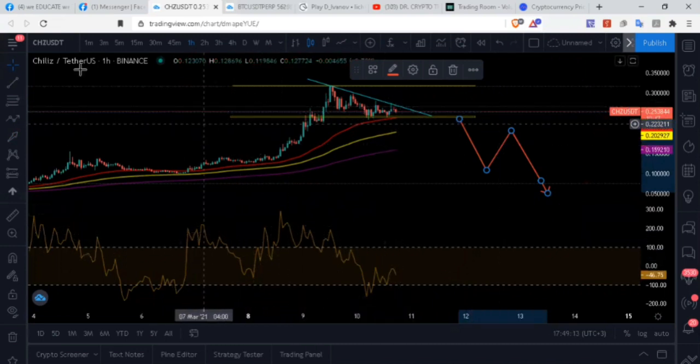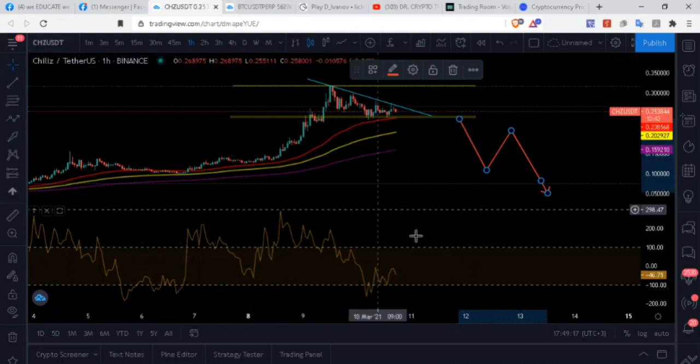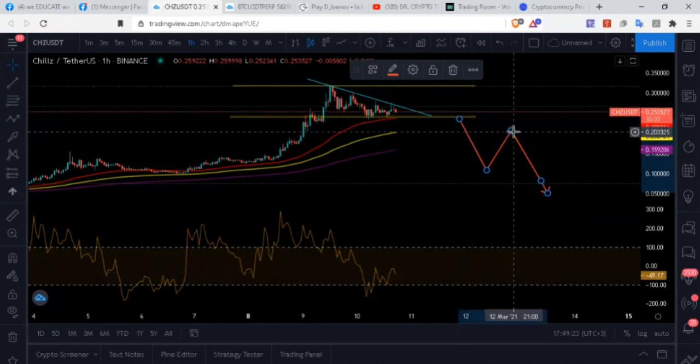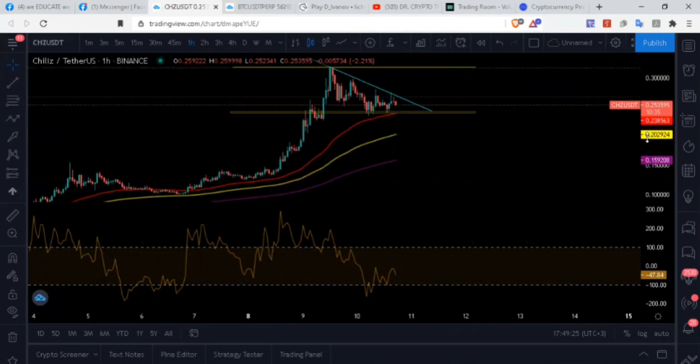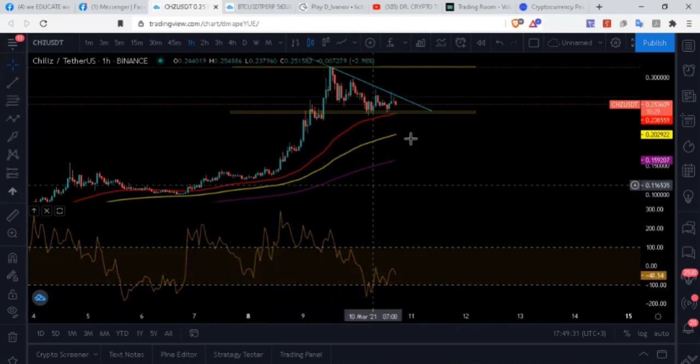But since this Chiliz is an uptrend structure, we will wait for the CCI to be oversold, from this oversold as our additional confirmation for our entry here.